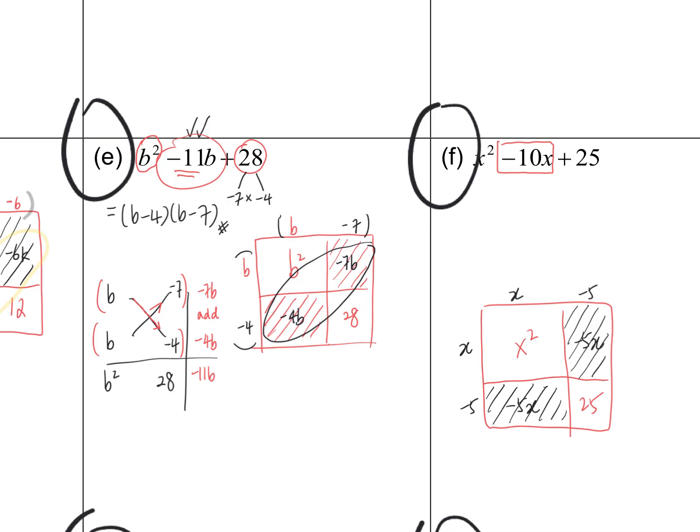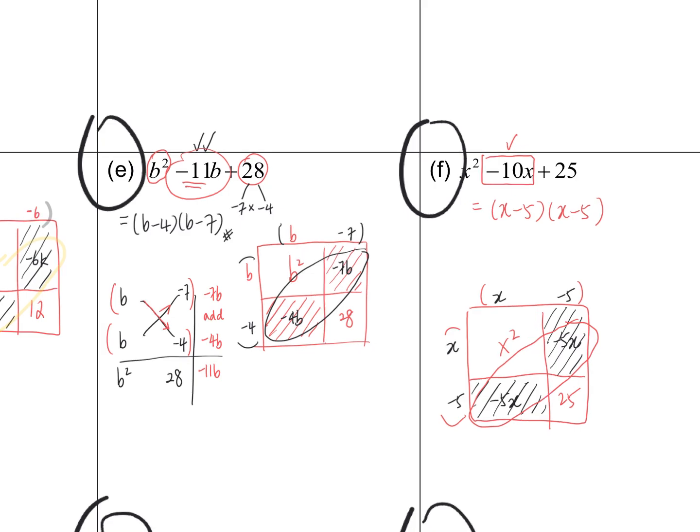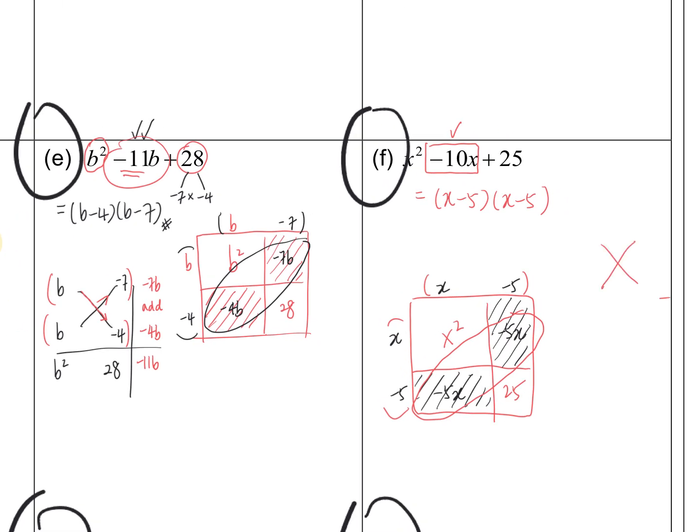So we check, it really adds up to negative 10x. So my two answers are x minus 5, x minus 5. Those who are using this one, it's the same thing. So these are my two answers.